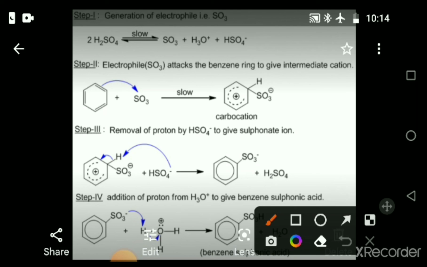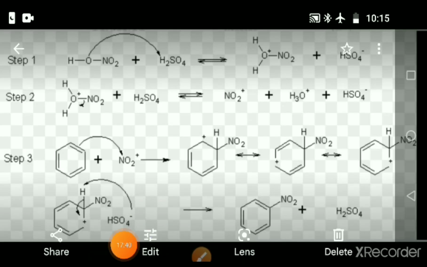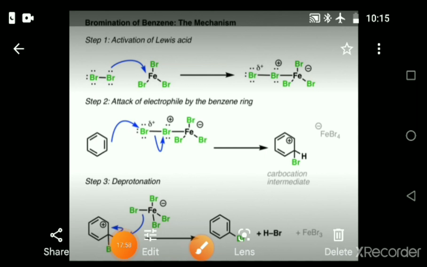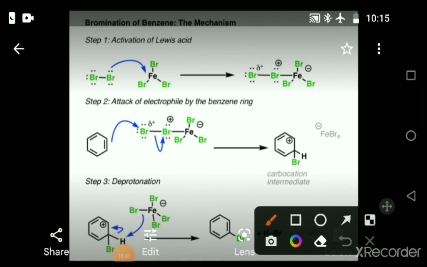So in today's class we discussed the nitration reaction: first electrophile formation, second cation formation, and third removal of hydrogen. In bromination or halogenation, first we used a catalyst, then formation of the electrophile, formation of the carbocation, and removal of hydrogen.